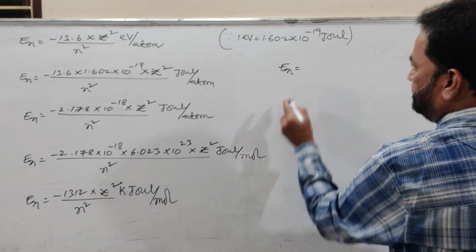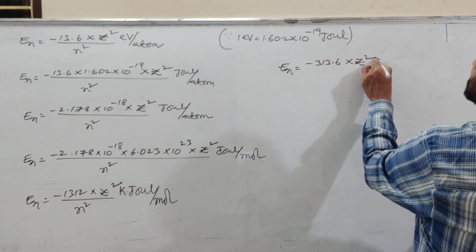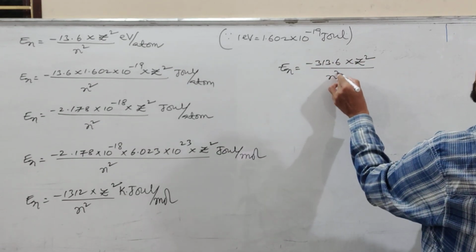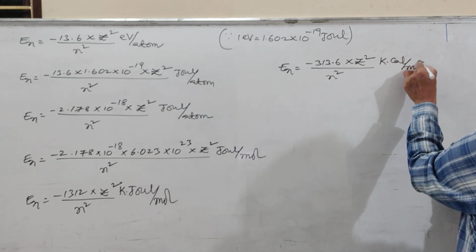En is equal to minus 313.6 into Z square by N square kilocalorie per mole.